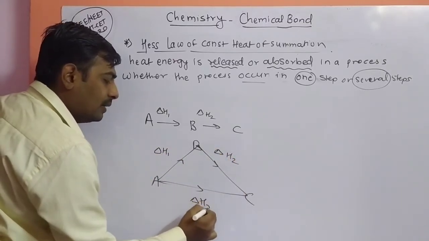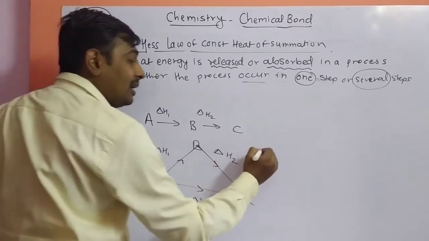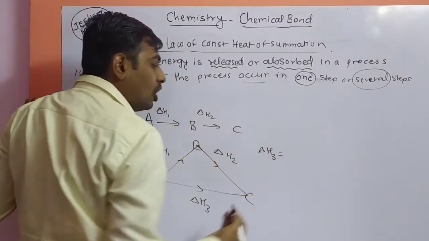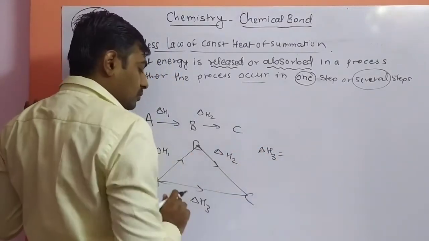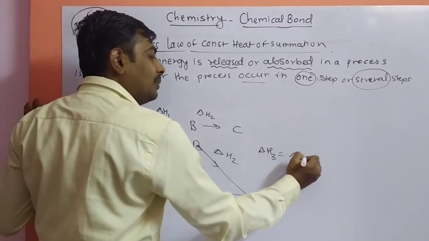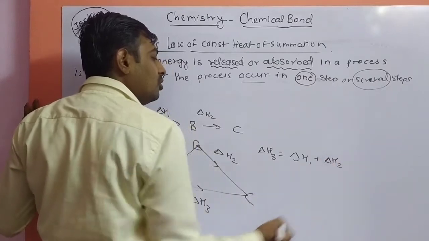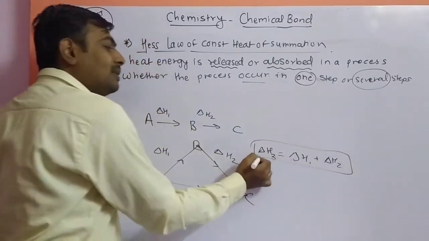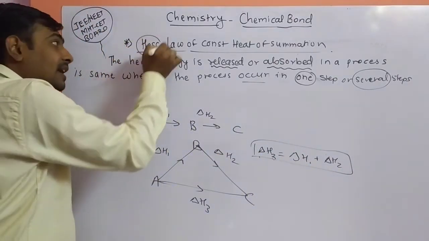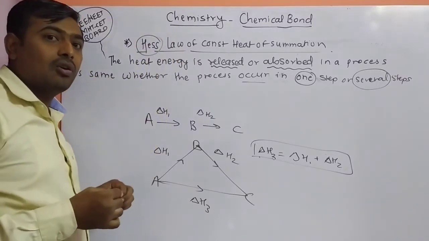So what is the enthalpy H3? Enthalpy H3 is always the summation of H1 and H2. Enthalpy change H1 for process 1, enthalpy change H2 for process 2. This concept is explained by the scientist Hess, called Hess's law of constant heat of summation.